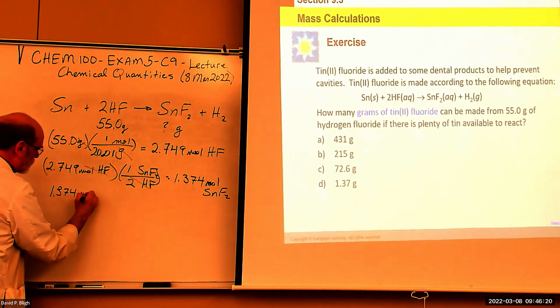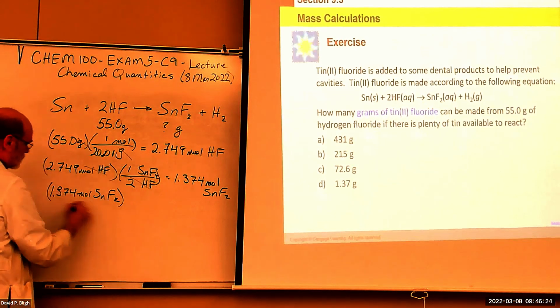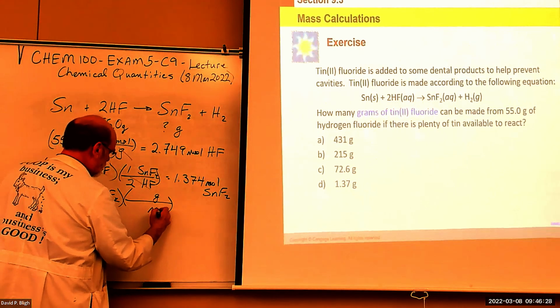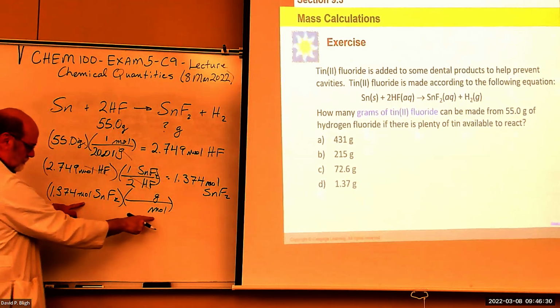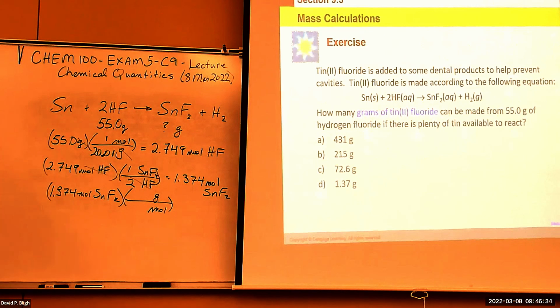1.374 moles of SnF2. And we want to convert that to grams from moles. So we need a molar mass. Tin is 118.71. And then we need 2 fluorides at 19 each. Right.